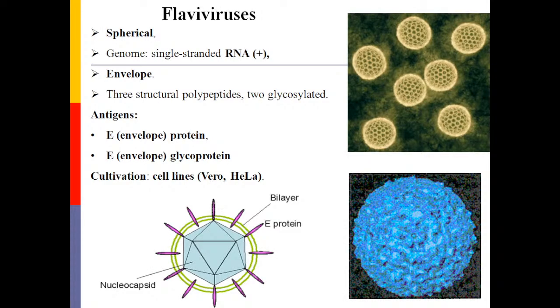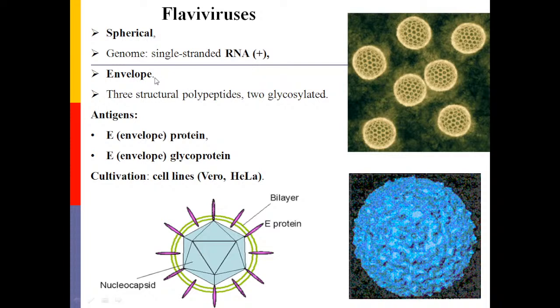What about the morphology of flaviviruses? They are spherical viruses, as you can see. Their genome is single-stranded RNA with positive chain. It means that the RNA stores genetic information and transfers it to the host ribosome. It plays the role of messenger RNA and storage of genetic information.